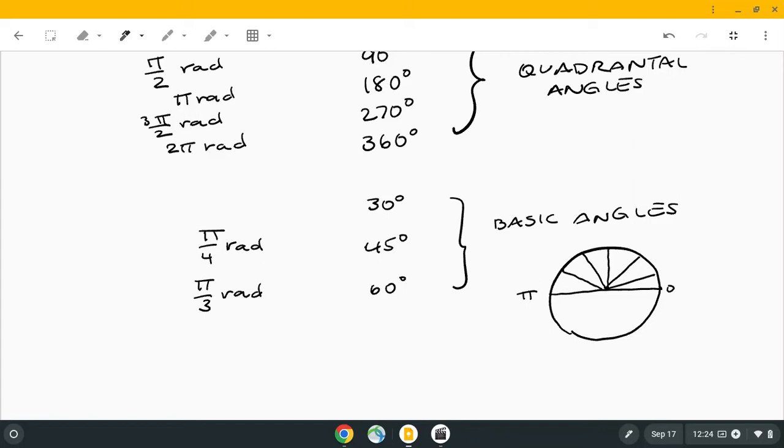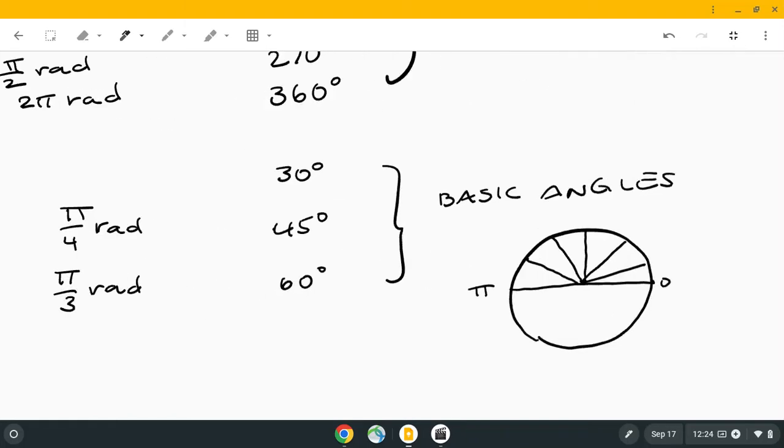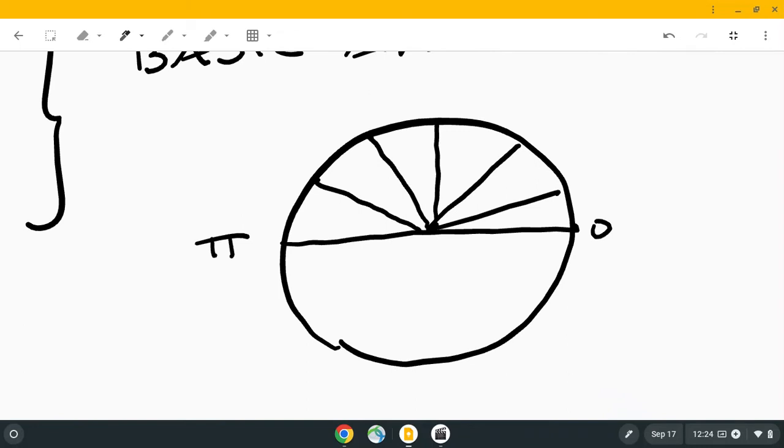So each of these is 30, okay? And here, let me do this so I can write in it. 30, 30, 30, 30, 30, and 30. All right.